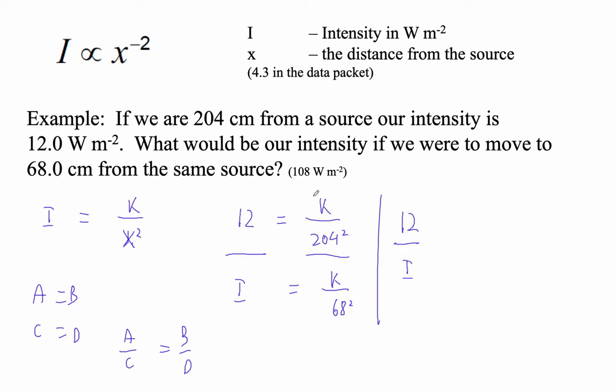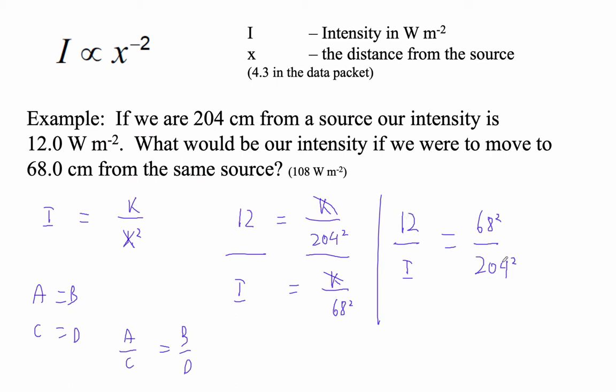Okay, and then notice that the k's will divide out, and by the time you do the 1 over, you're going to end up with 68 squared on the top and 204 squared on the bottom. It's kind of like by the time you climb up onto the floating piece of ice, you'll end up with you on the bottom and the ice on the top. I determined that empirically. Now we can solve this by cross multiplying.